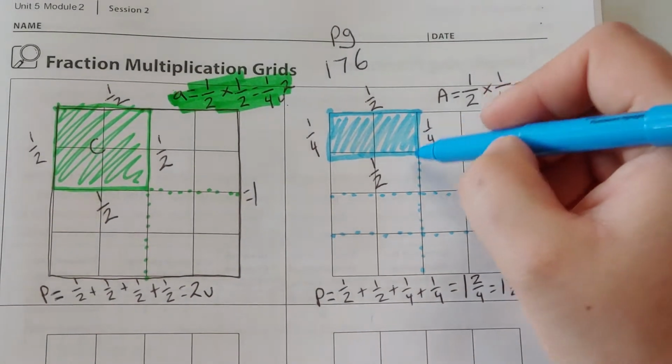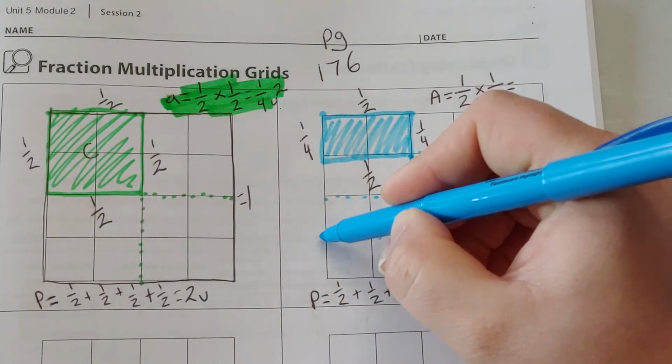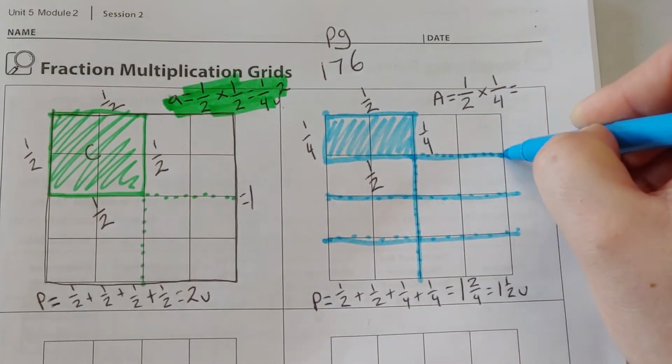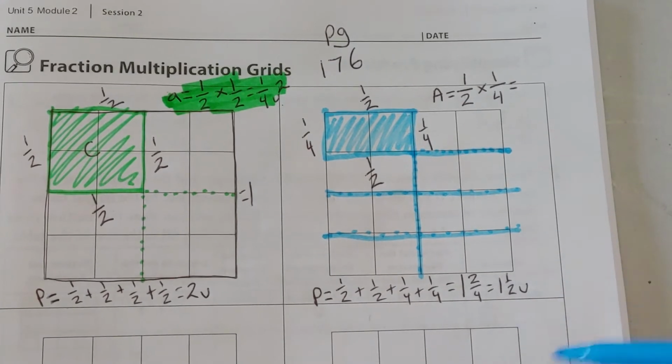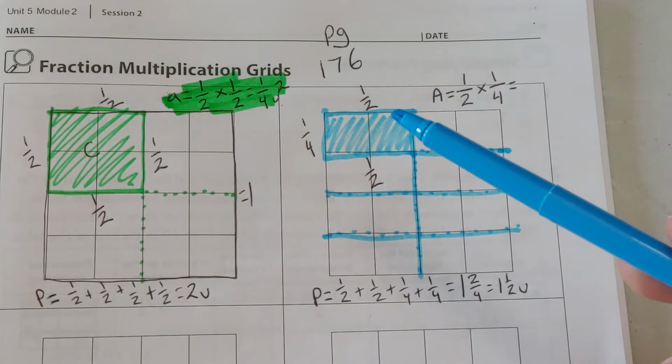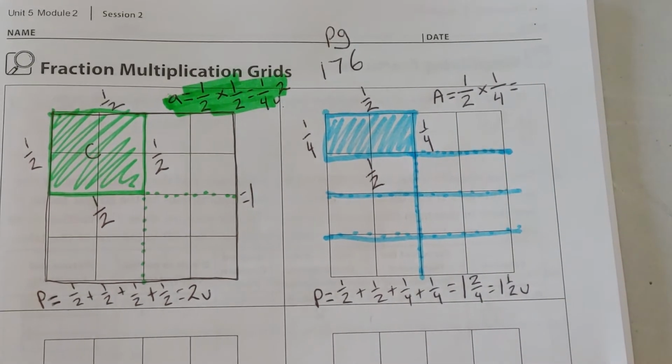Now I've got some equal size pieces, and I've got one colored in.